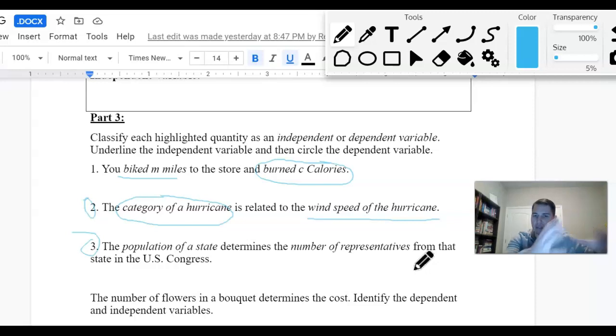Or do we count how many people are in the state first, and then the result of that, we have a certain number of representatives? So which one's first? Yes, the population of the state is first. Okay, it is the independent variable. The result is the number of representatives. The number of representatives depends on the population of the state.